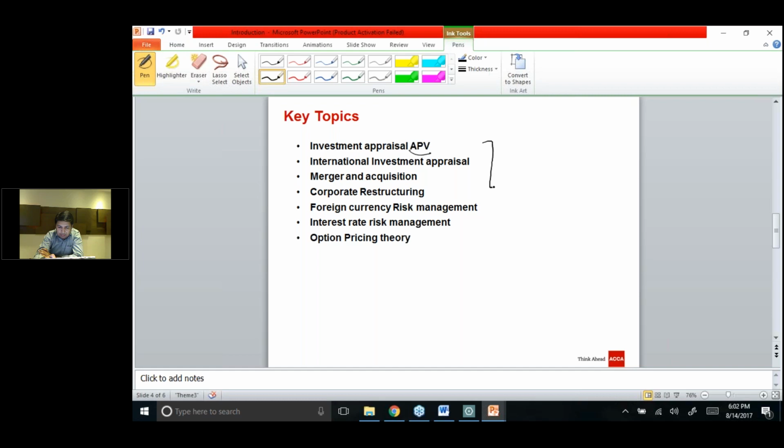These are the main topics in which 4 questions will be set, one of 50 marks and 3 questions of 25 marks each. And the 50 marks question can be set from any of these key topics.